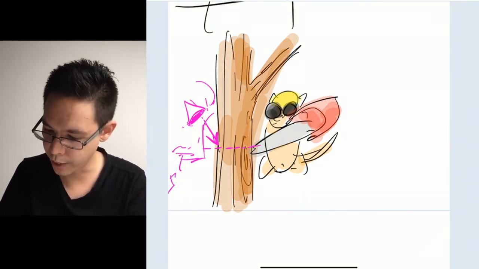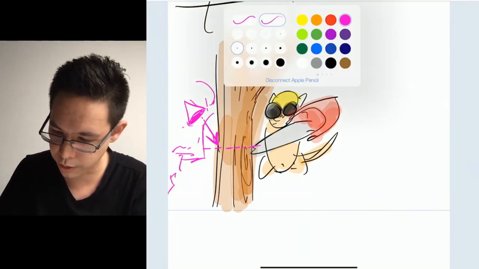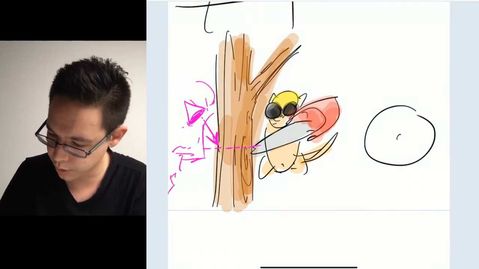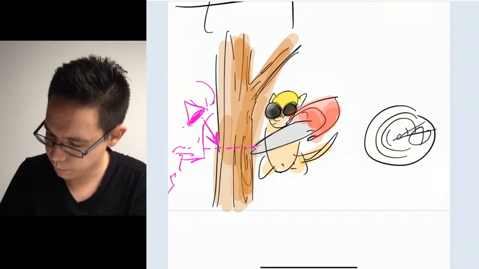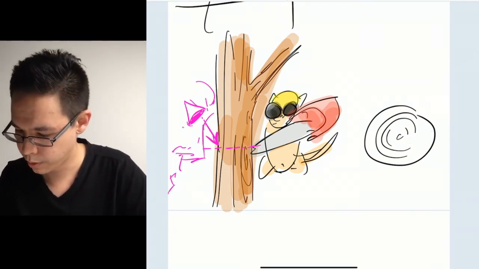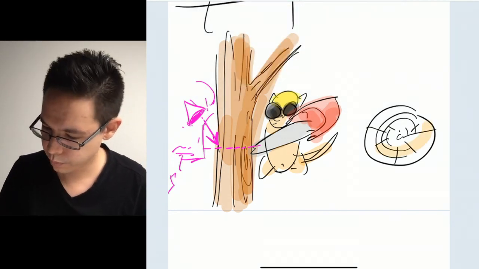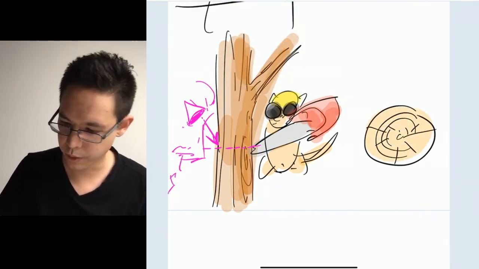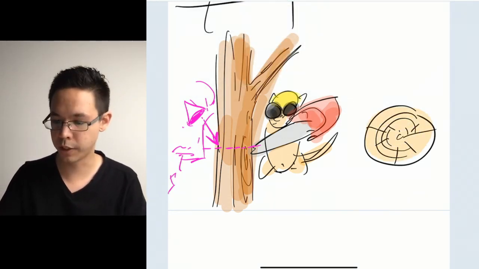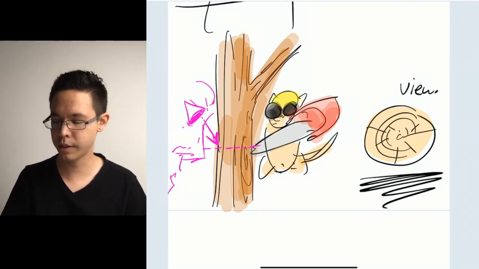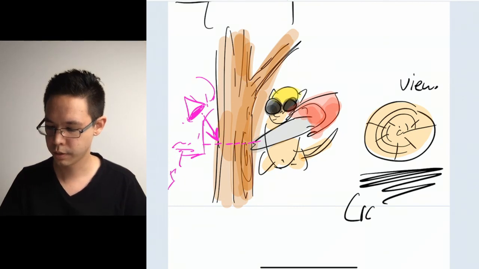If I look down at the tree, what would I see once I've cut the tree down? I would see essentially this from above, wouldn't I? Oops, that doesn't look right. Okay, I'll be viewing this. Okay, this is the cross section.